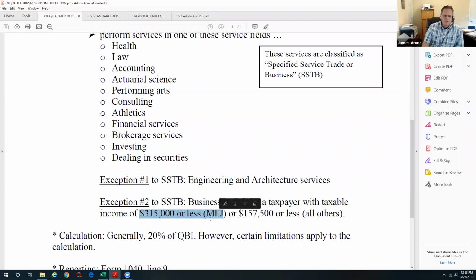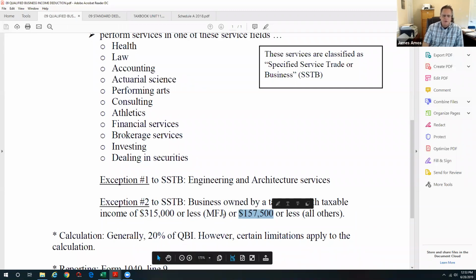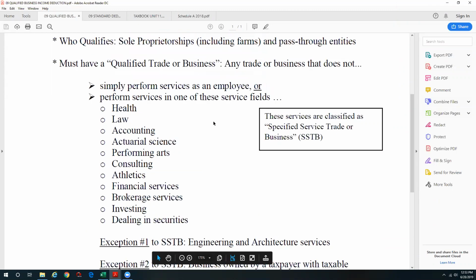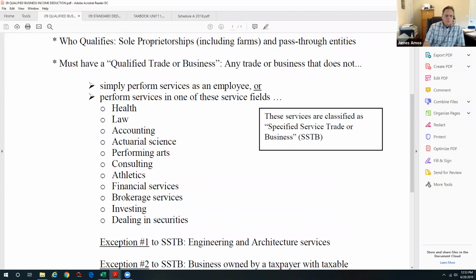If you memorize just MFJ and know it's either double MFJ or half MFJ, that's easier to remember. So if you are a sole proprietor who's running a business that is not an employee and not an SSTB, you're going to be considered a qualified trade or business.